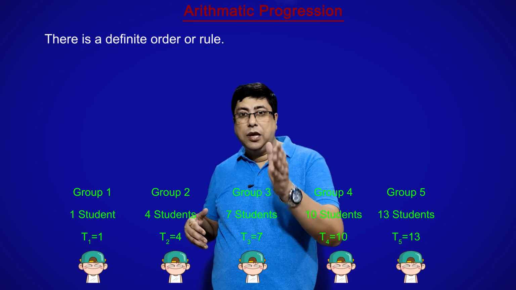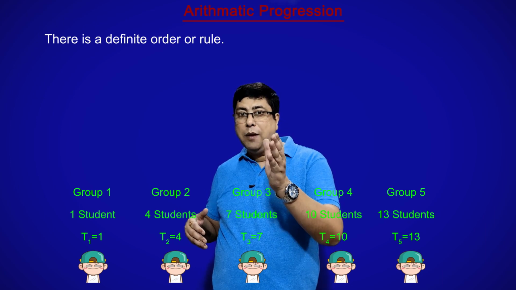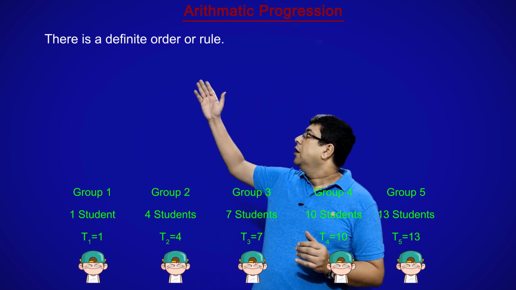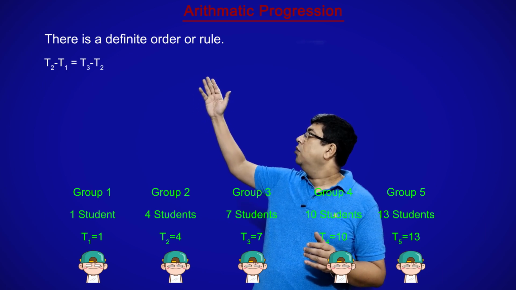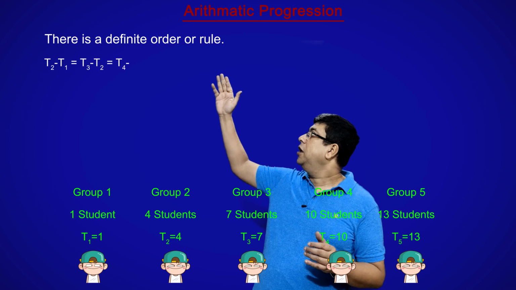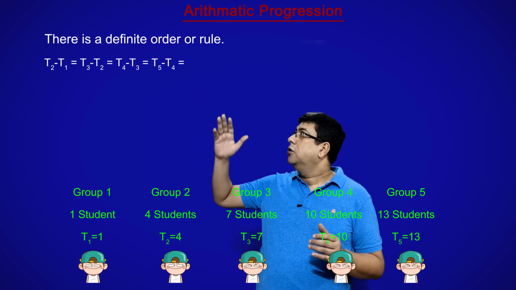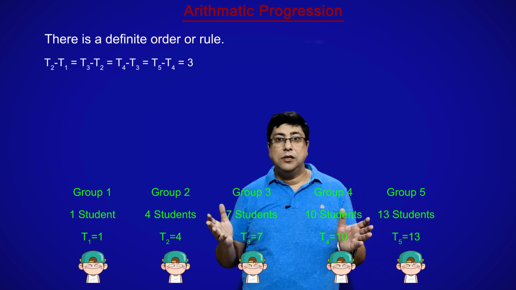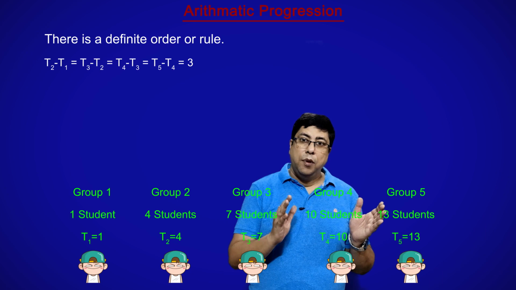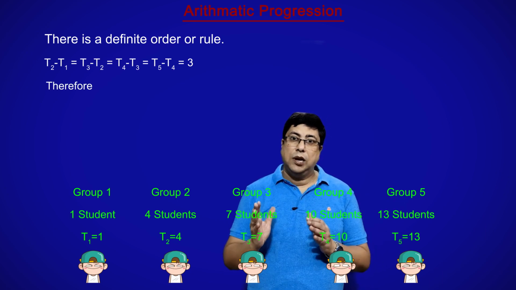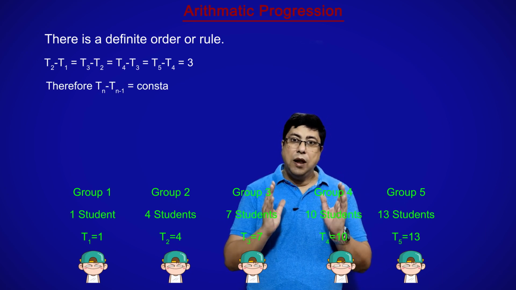So everyone, see what is the definite order about which I am telling you. T2 minus T1 equal to T3 minus T2 equal to T4 minus T3 equal to T5 minus T4, that is equal to, in this case, 3. So if we subtract the first term from the second term, or any term from the next, we get a constant value.